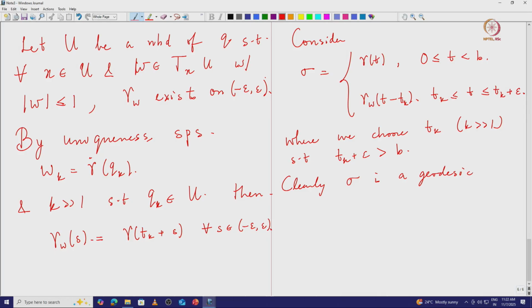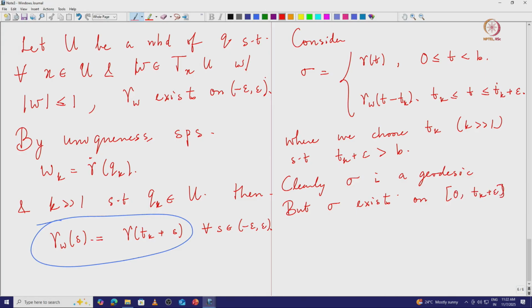Why? Because wherever these two times intersect we have this. So sigma is a well defined smooth geodesic, but sigma exists on the time interval 0 to tk plus epsilon, which strictly contains the closed interval 0 to b.